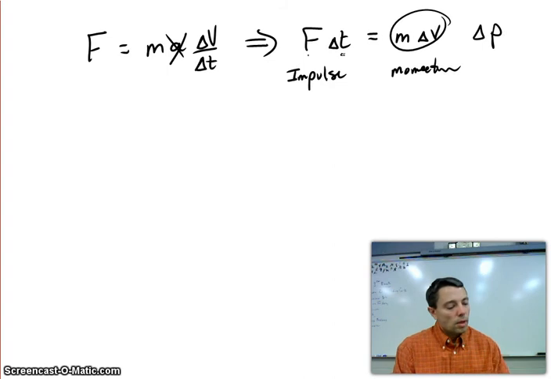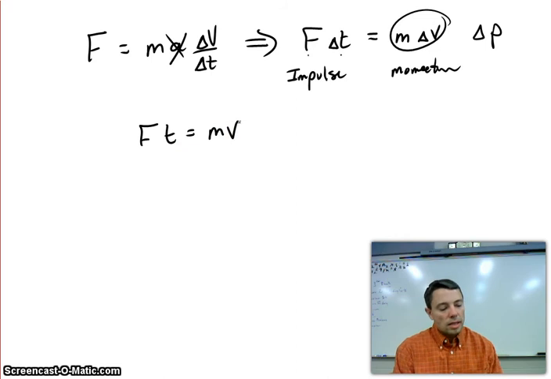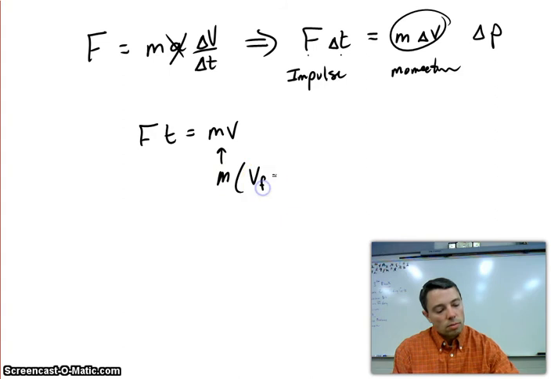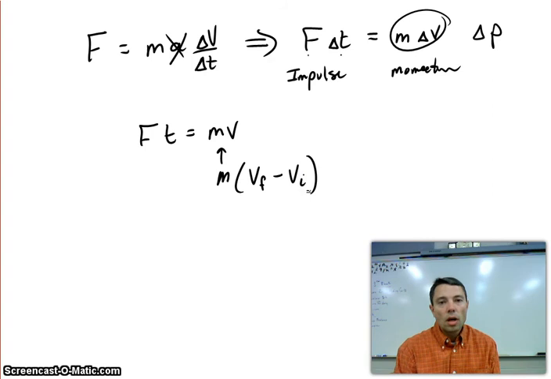All right, so again, this was our formula, Ft equals mΔv, and it is a change in that momentum, v final minus v initial. It's a change in the momentum, which really says it's a change in that velocity.